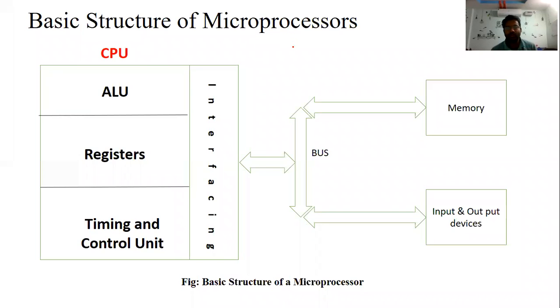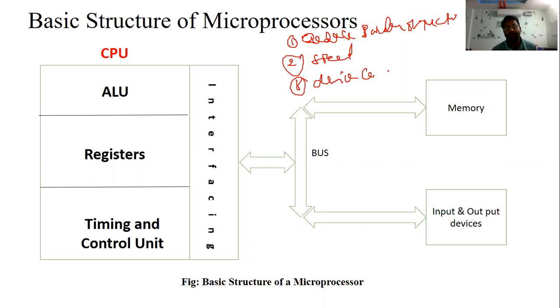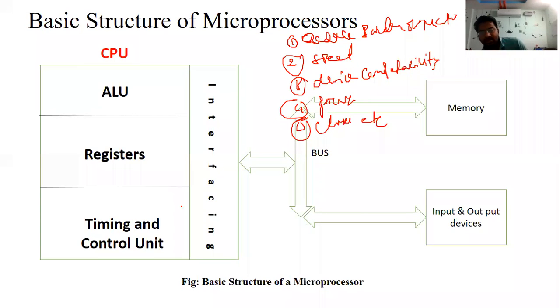We require it to reduce the burden of the CPU, to match the speed, for device compatibility, then power, then clocks, and all. For this purpose, we are using this interfacing device.